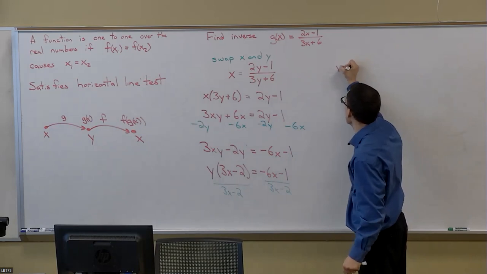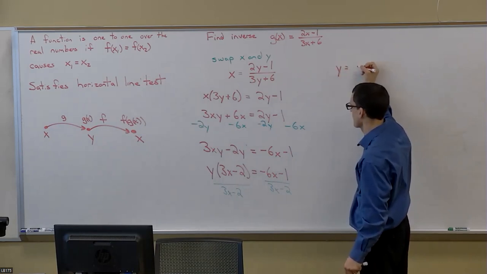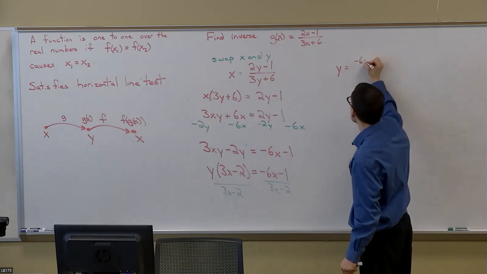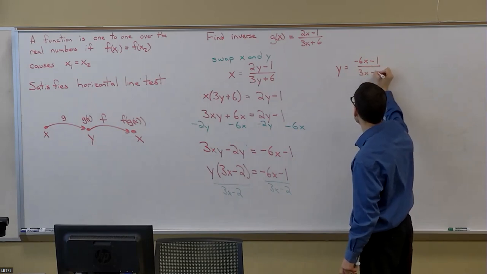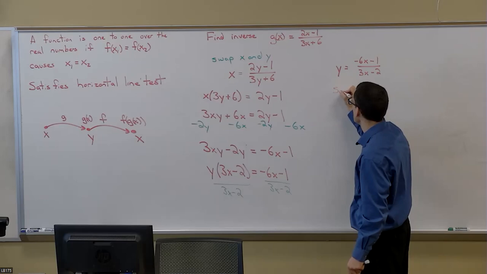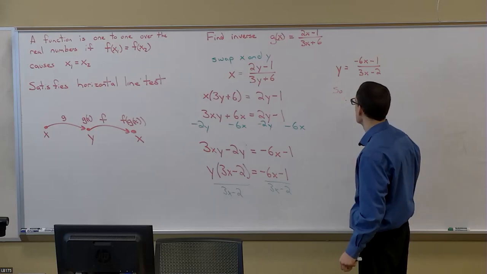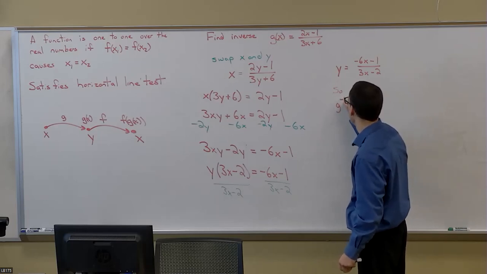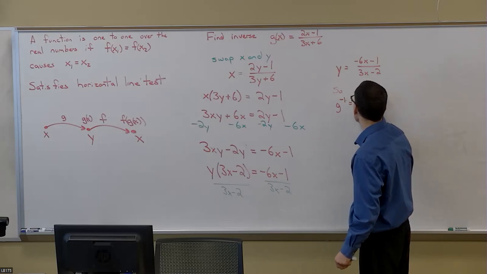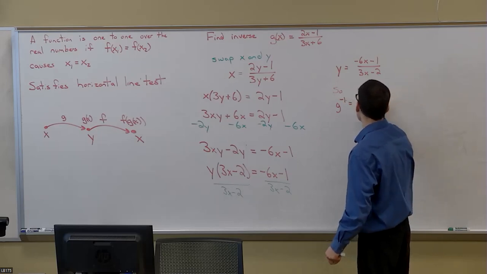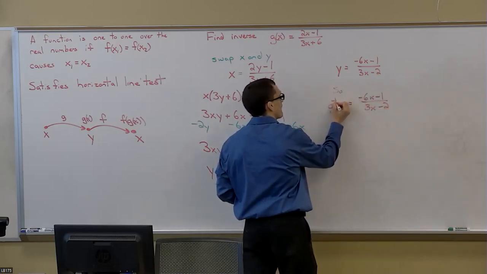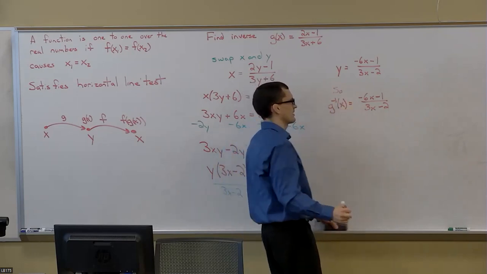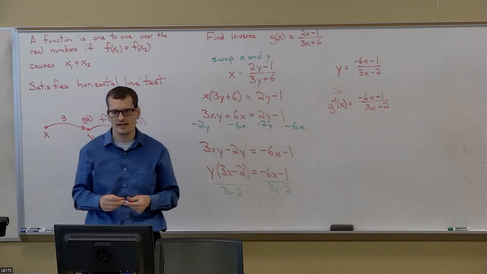Which gives me y equals negative 6x minus 1 over 3x minus 2, which means that my inverse function of g is exactly that. Negative 6x minus 1 over 3x minus 2.